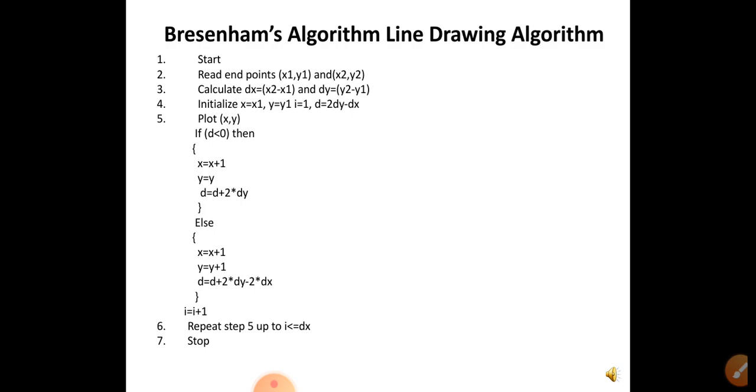Then increment the I value, and check whether I is less than or equal to dx. If it is, find the next x value and y value. How can we determine the next x value and y value? Depending on the decision parameter. What is the value of the decision parameter?